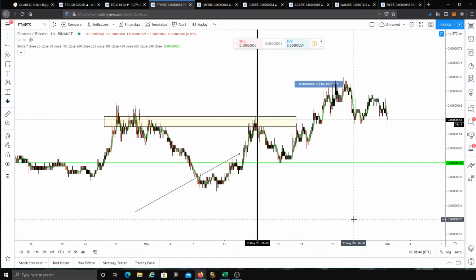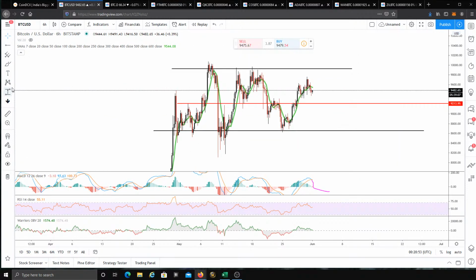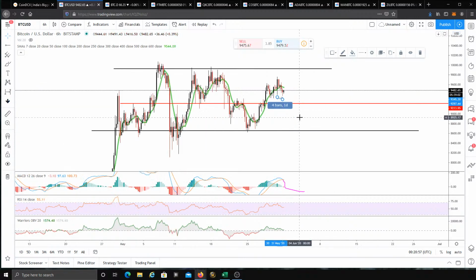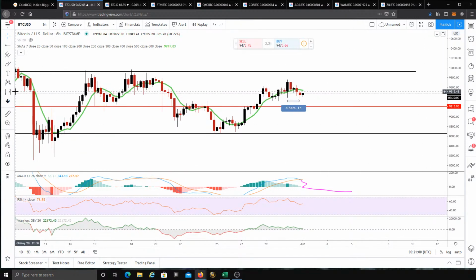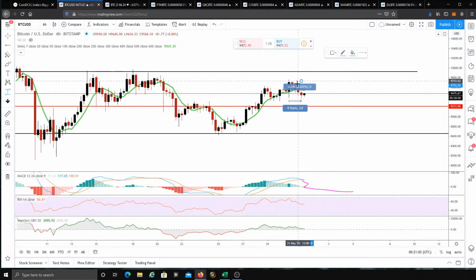So you kind of have to have a different mindset around margin trading altcoins than you would Bitcoin. Let's look at Bitcoin here. Okay, so let's just say that's 1 day right there. That's 3% in 1 day.